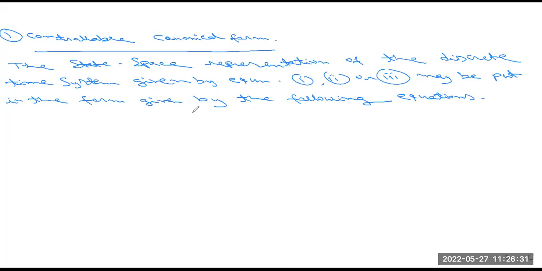Okay, so using these two equations, that is equation 1 and equation 2 or 3, we have to express the matrix form in the controllable canonical form. So I have written the matrix form.